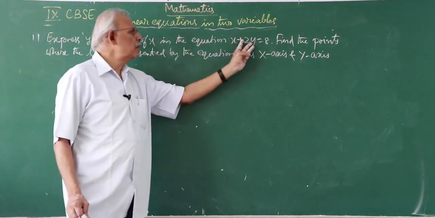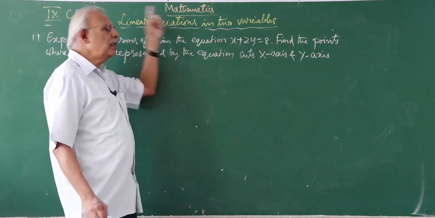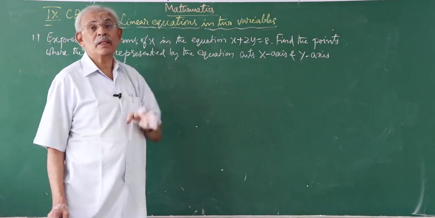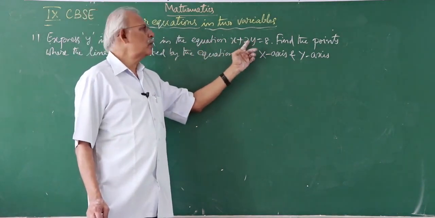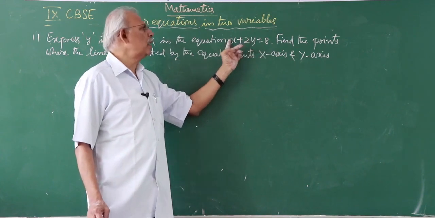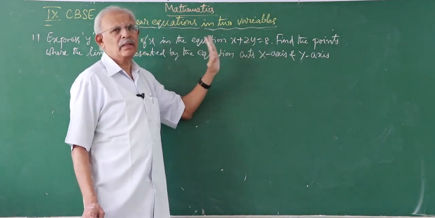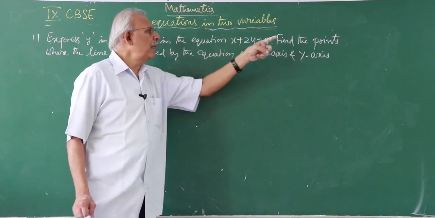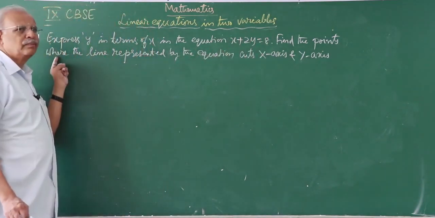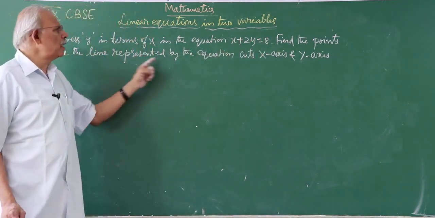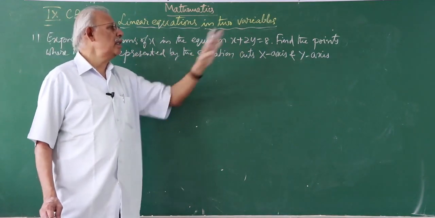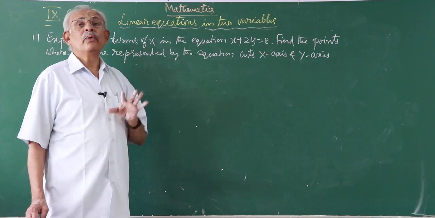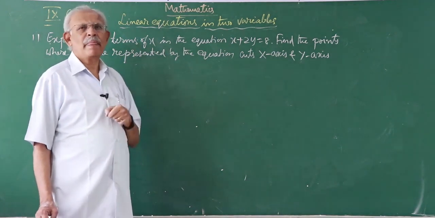This equation is given. You have to express y, means I have told you that y equals mx plus c form. That is, you have to express y in terms of the remaining quantities. That is all. And find the points where the line represented by this equation cuts x-axis and y-axis. Means without drawing the graph you have to say.